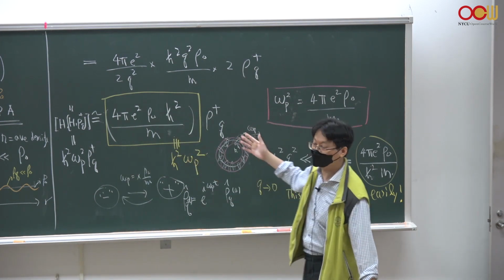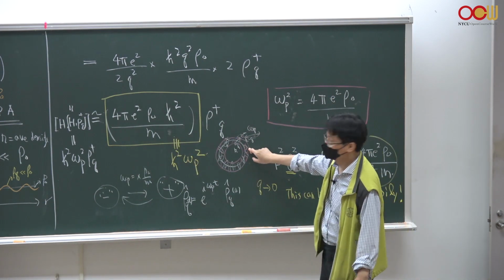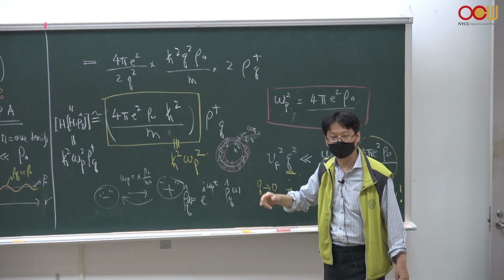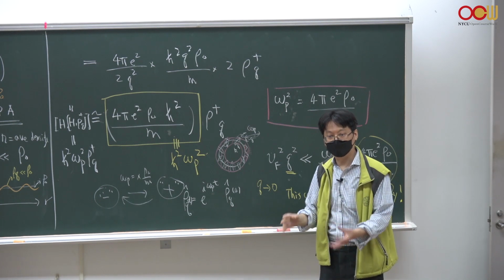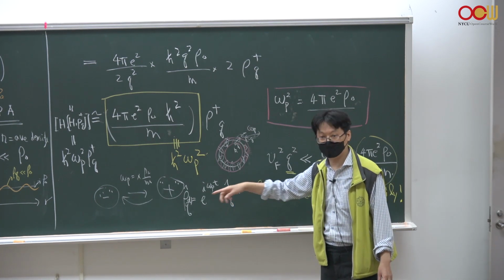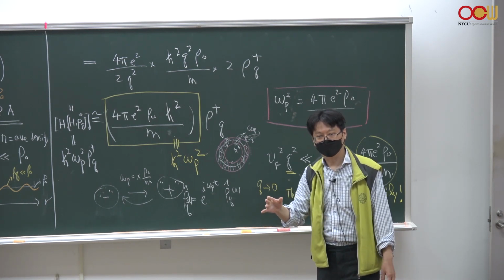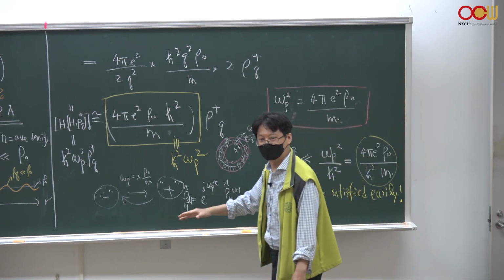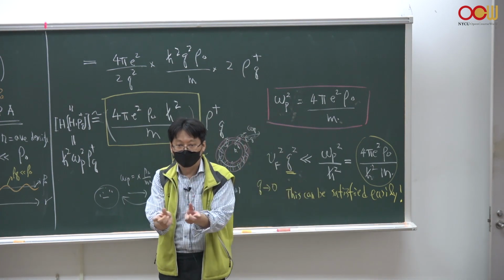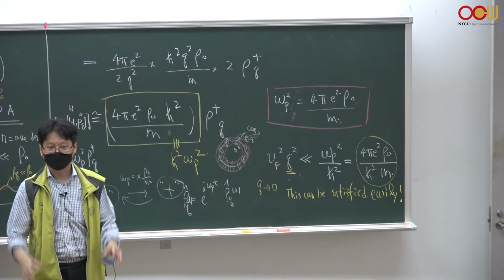So the correct language should, of course, be in the momentum space. And this is precisely what you will see. You don't know where they are, but you know their momentum. And this is what we call the density fluctuations. You don't know where they are, but they are very close to the Fermi surface, and they have a very small momentum transfer.